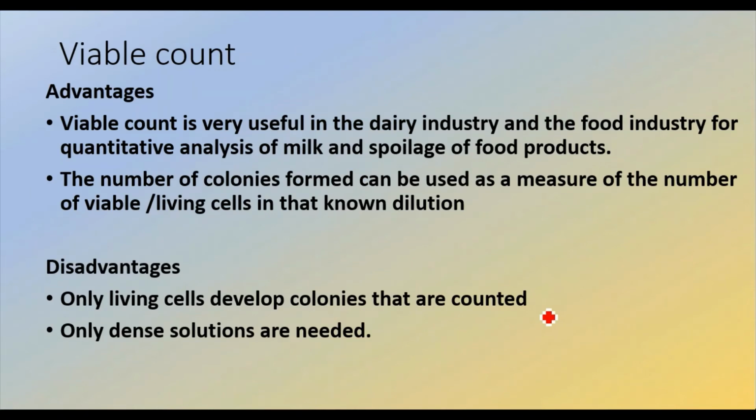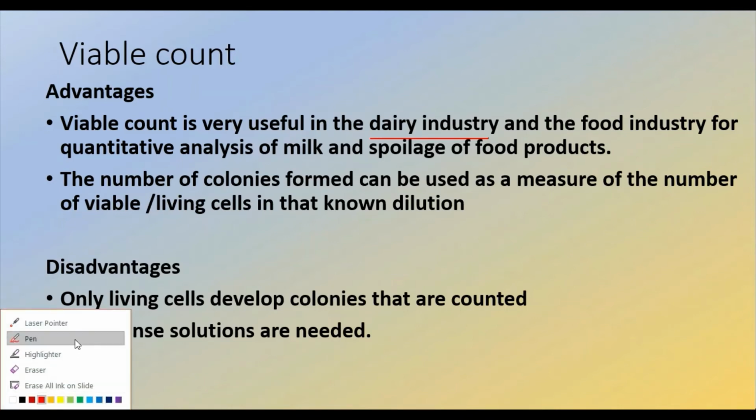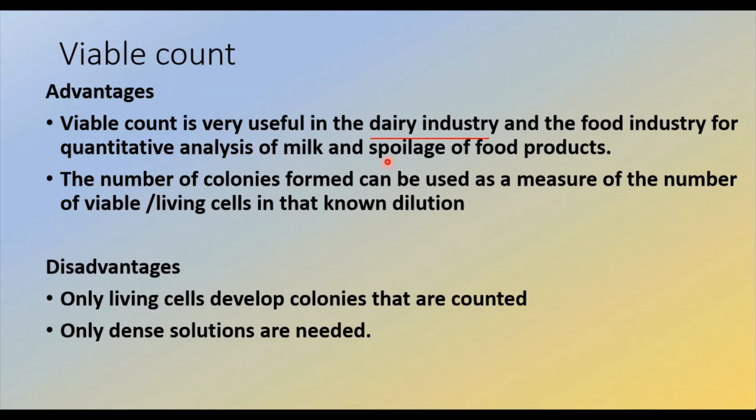Then the advantages of the viable count: it is very useful in the dairy industry as well as in the food industry for qualitative analysis of milk as well as the spoilage of food products. The second one, the number of colonies formed can be used as a measure of the number of viable or living cells in that dilution. So these are the two main advantages of viable count.